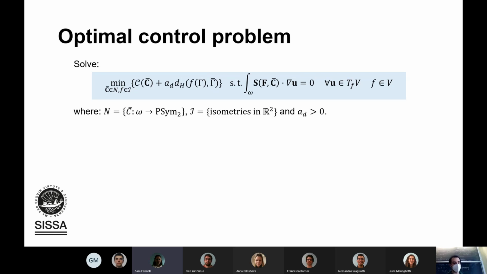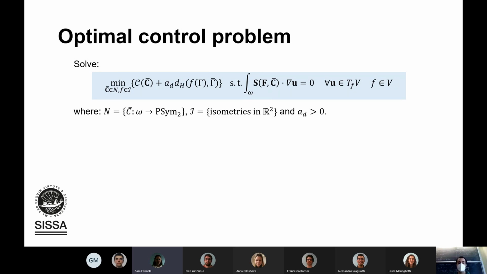Notice that we minimize over C bar, but also over F, where F runs over the set of all isometries in R^2. This is because our mechanical problem doesn't have a unique solution: in this case we have null traction on the boundary, which means no boundary conditions.